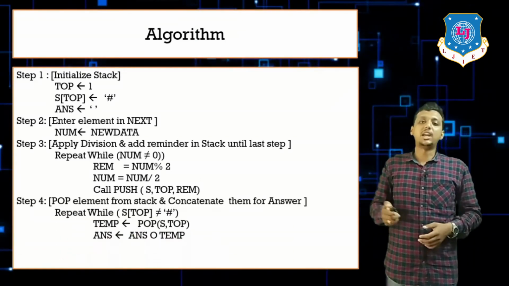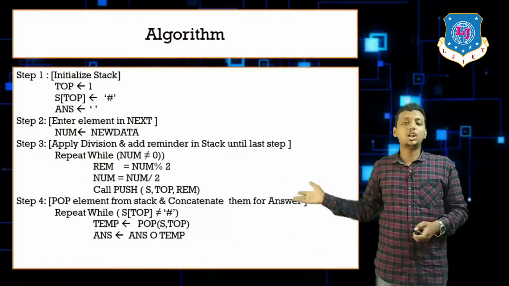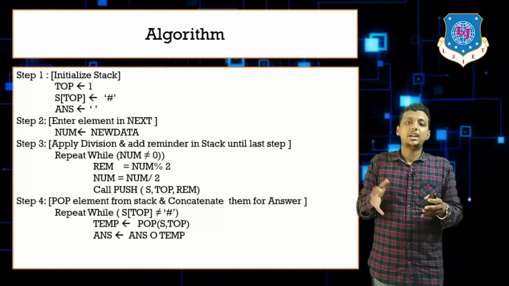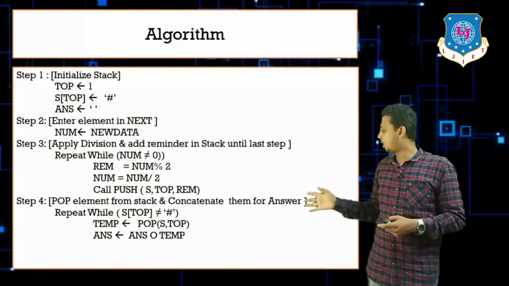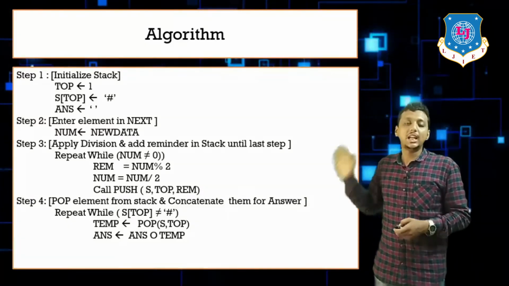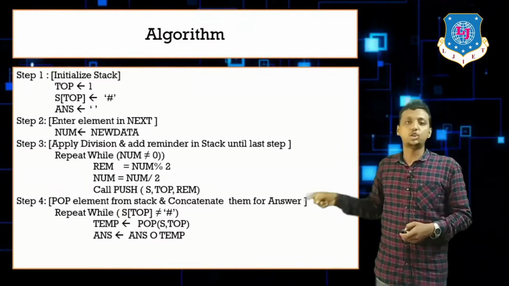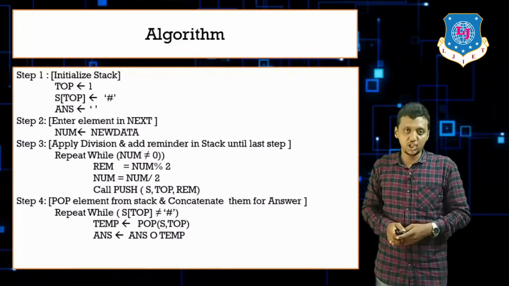Fine. So what we have left, we just get all the values over there. We just need to pop out all of them, concat into the temp, and get the answer. So this is what we have: repeat while s of top is not equal to hash. For this condition, I initialized my stack with hash.